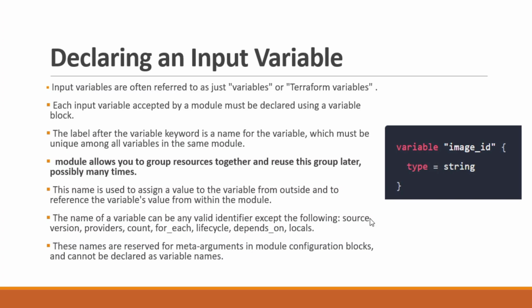Because these identifiers are used in modules. These names are reserved for meta-arguments in the module configuration block and cannot be declared as a variable name. So whenever you are declaring any variable, you should avoid these names. Apart from these, you can use any name for your variable.